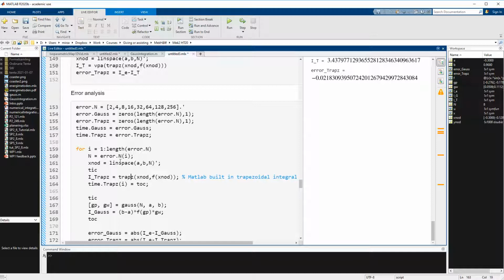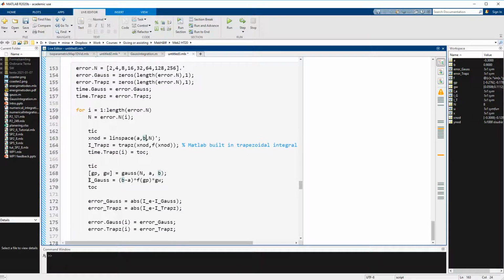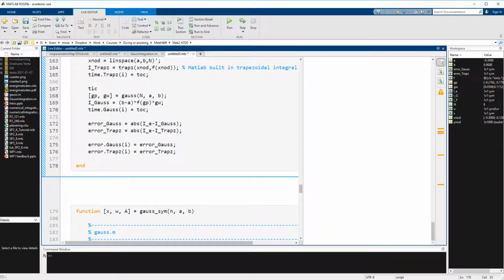But in all fairness, I need X node here as well. If I want to be fair to Gauss, I should really do this, because it actually takes some time to create this function here as well, which I don't need here. So this is more fair. Okay, and then I have time.Gauss of I equal to toc. All right. So now I'm storing the errors down here, but I'm also storing the time it takes to compute these integrals for 2, 4, 8, and so on, function evaluations.